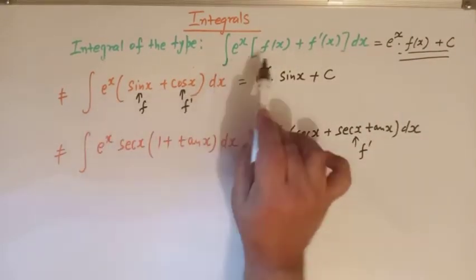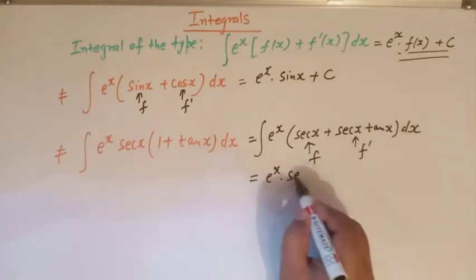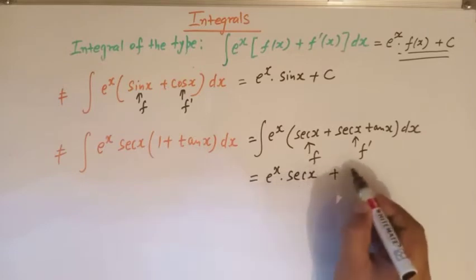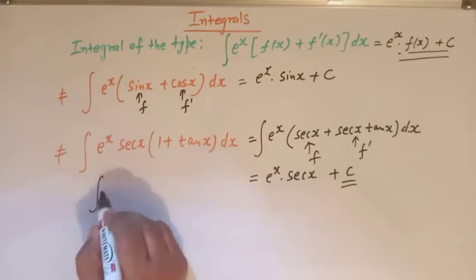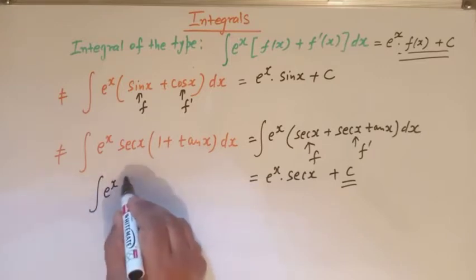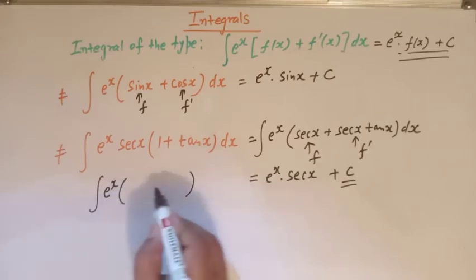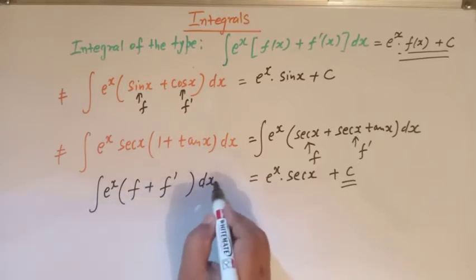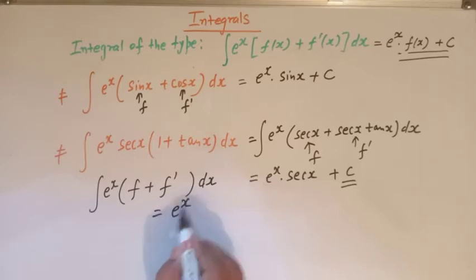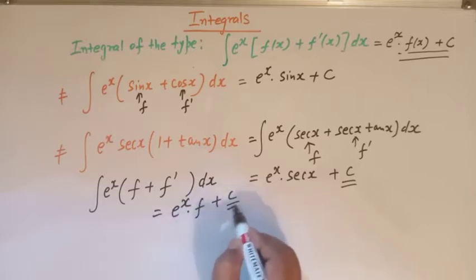So this can be written as e raised to x times sec x plus c. Clear? So we always remember that whenever we have an integral of e raised to x and we have two terms here, one is the function and the other is its derivative, then such an integral can directly be written as the product of the exponential function e raised to x times the function plus c. Clear?